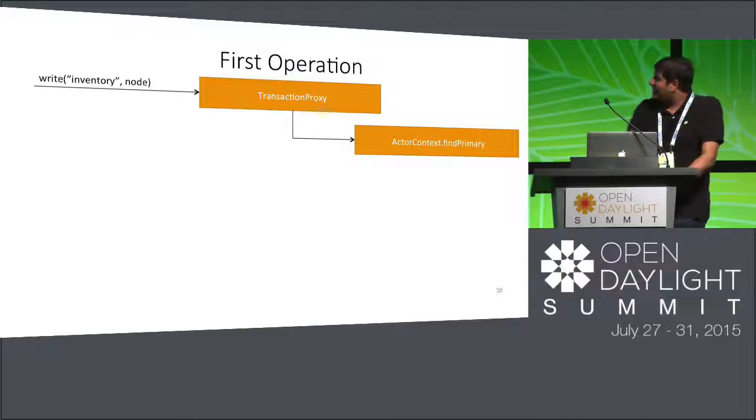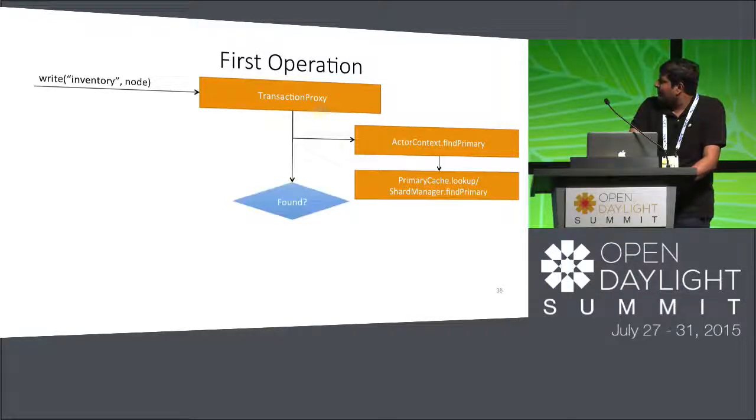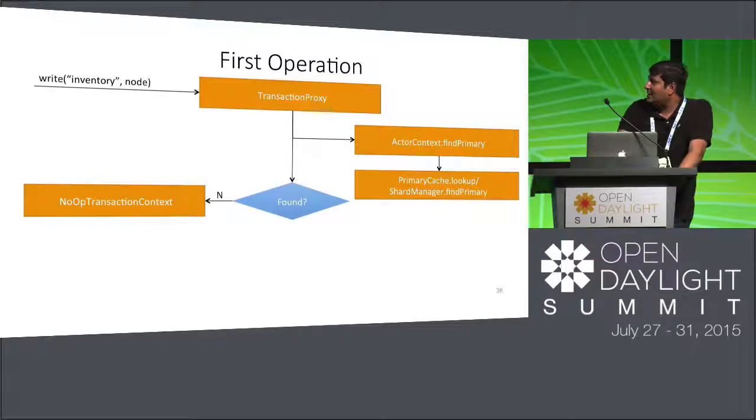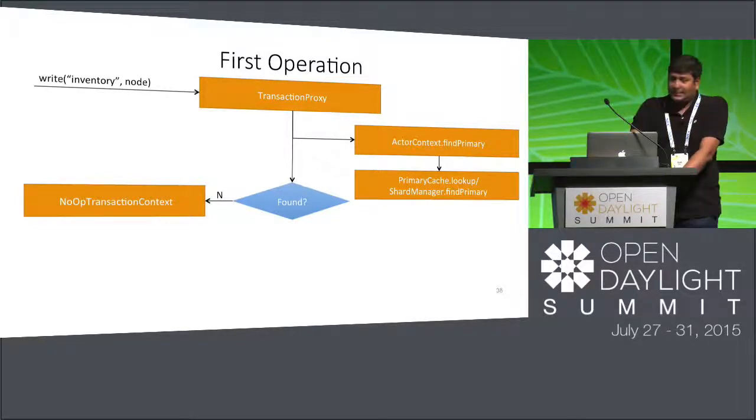Once we find that primary, either by looking up in the cache or actually doing a shard manager find primary, these are two cases which maybe I shouldn't get into. But if it is not found, we create a no-op transaction context.